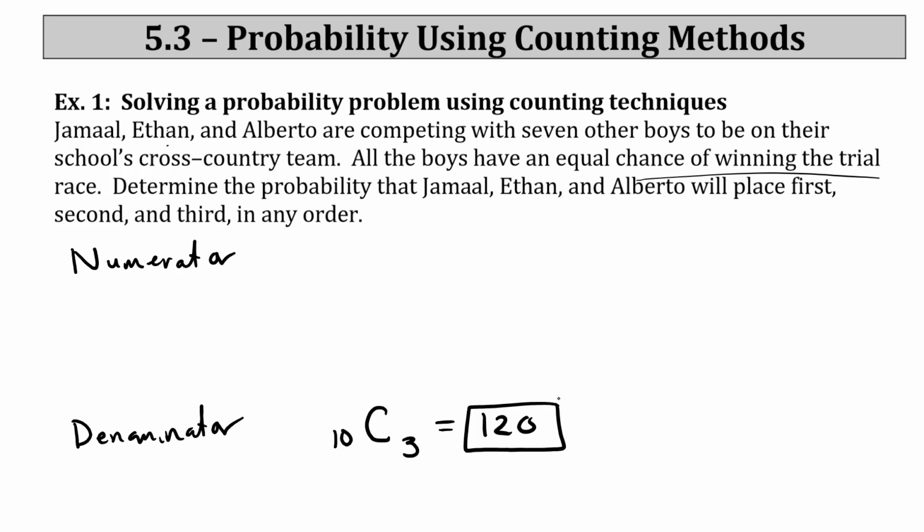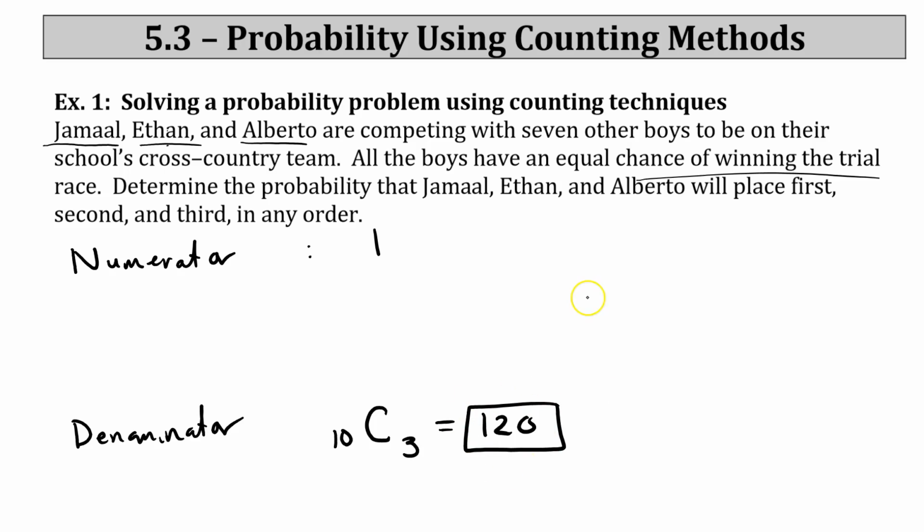The numerator, we want to make sure that Jamal, Ethan, and Alberto, so when we pick a group of 3, that really can only happen once. There's one group of Jamal, Ethan, and Alberto out of this 120.